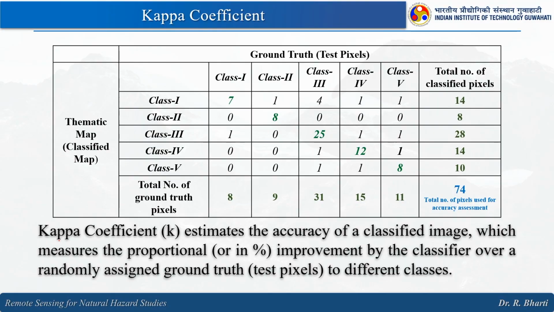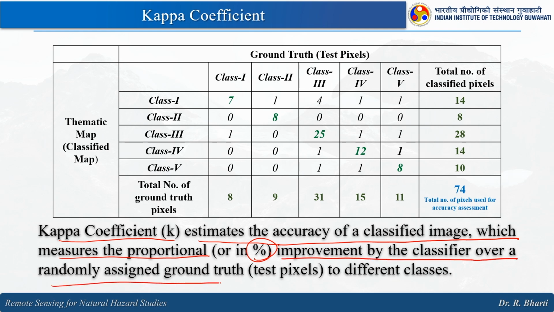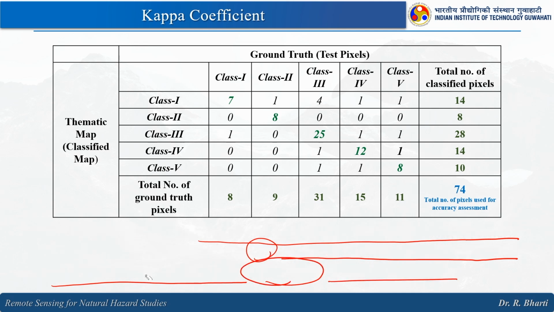The Kappa coefficient estimates the accuracy of a classified image; it measures the proportional, that means the percentage, improvement by the classifier over a randomly assigned ground truth, that is your test pixels, to different classes.